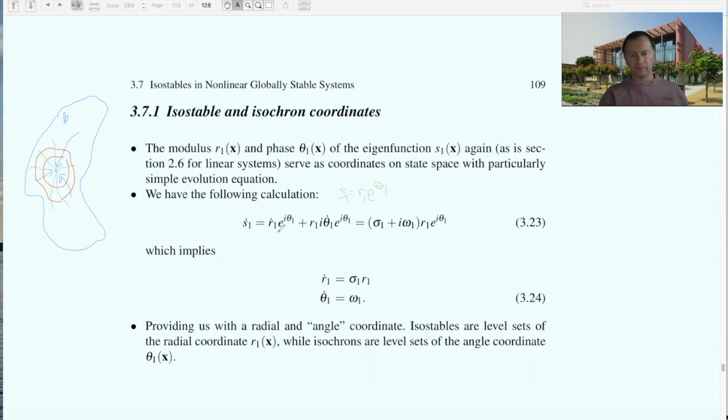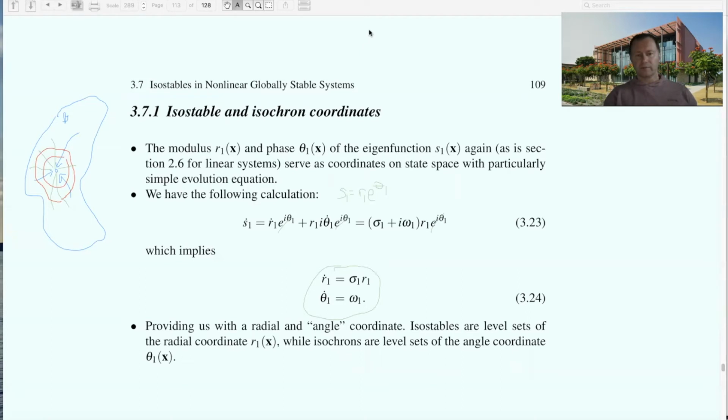So let's now compare the terms. First of all, this cancels everywhere. And then I have R1 dot equal to sigma 1 R1. That's the part that is real. And then theta 1 dot, here is I, and that's I as well. So theta 1 dot is omega 1. And it's a very nice set of equations that we came by in the linear case when we introduced the quote unquote polar coordinates that were obtained the same way from the slowest Koopman eigenfunction as I have now.